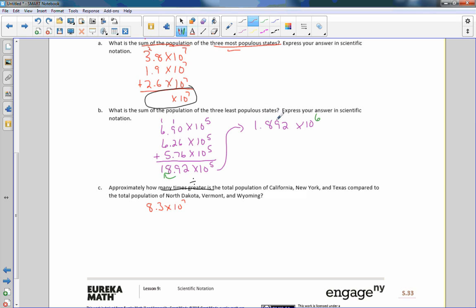And then we're going to use 1.892 times 10 to the 6. So I need to have that same number of digits. Actually, no, I don't. I didn't need to erase that. So it is 8.3 times 10 to the 7. We're dividing to find out how many times greater one is than the other. And we're going to take 1.892 times 10 to the 6th.